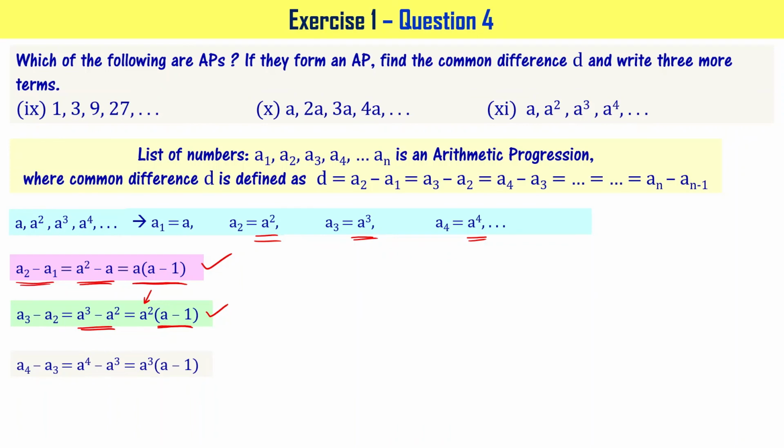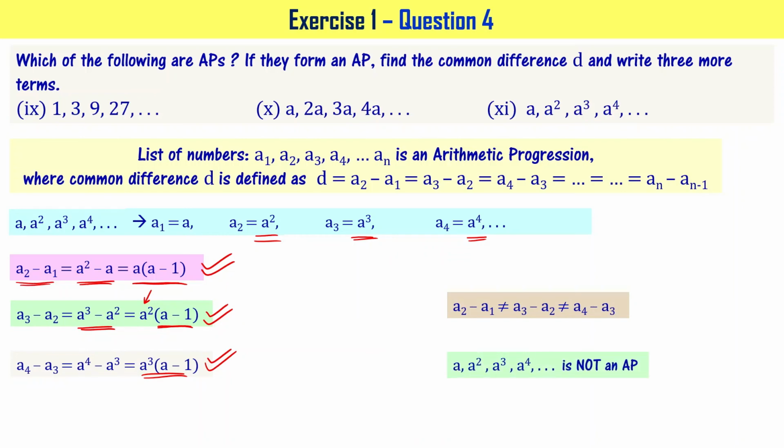That is going to be a cube times a minus 1. When you look at these 3, what you can say is the difference between successive terms is not a constant, right? For that reason, the given list of numbers or given list of terms is not an arithmetic progression. Understood?